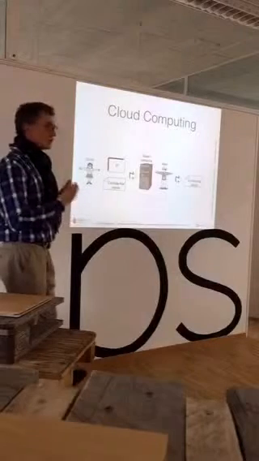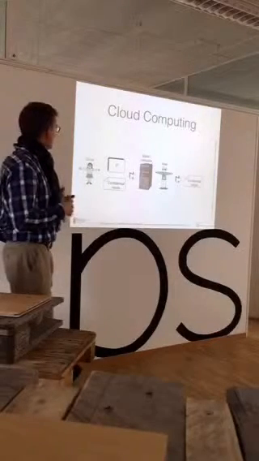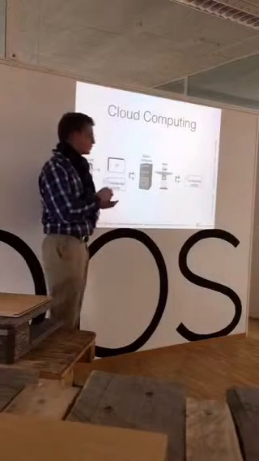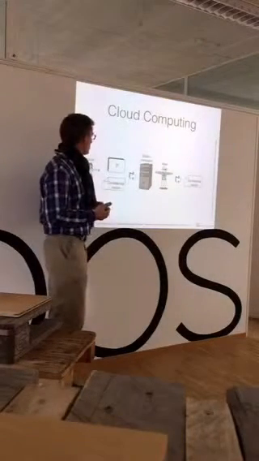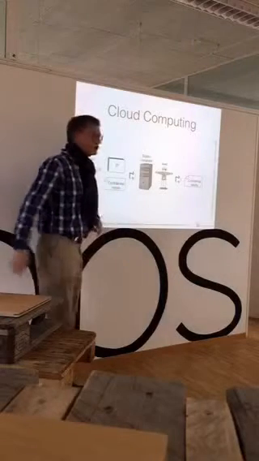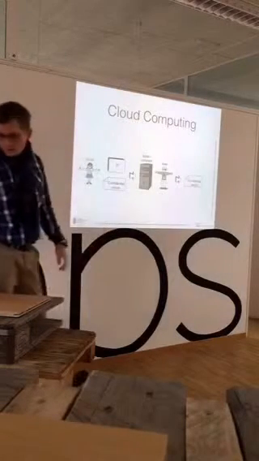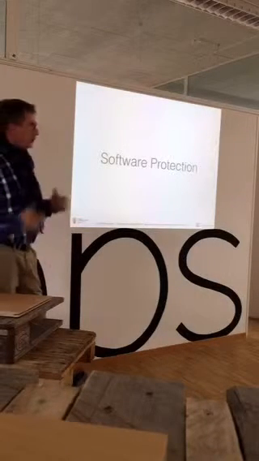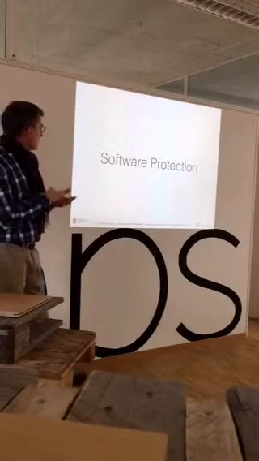You don't know whether your cloud provider is trustworthy, and maybe it's good to have some protection against your cloud provider. For instance, if you have confidential data or you have implemented very clever algorithms.